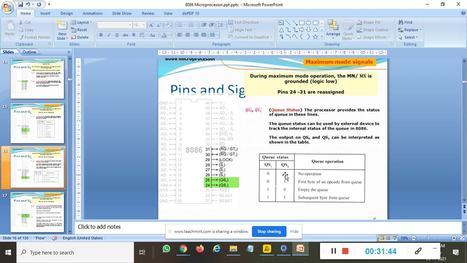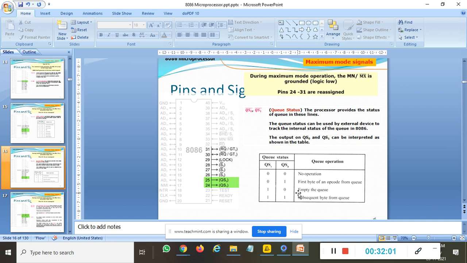So here when the value is 0, 0, there will be no operation in the Q. The Q has no function. When the value is 1, 0, the Q is empty, meaning the internal Q of the 8086 is empty.